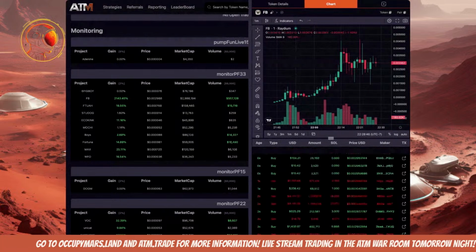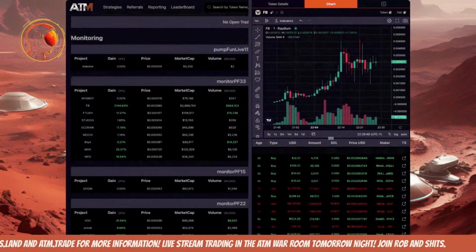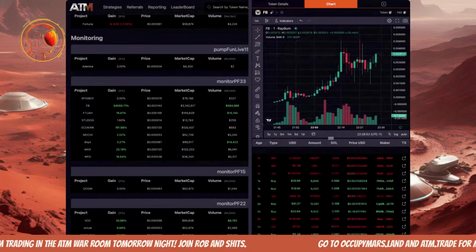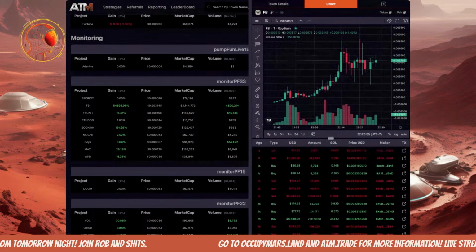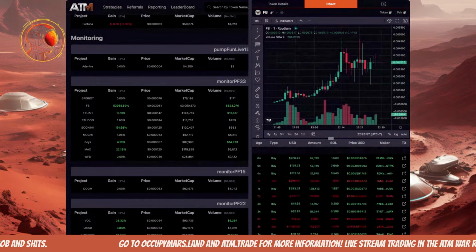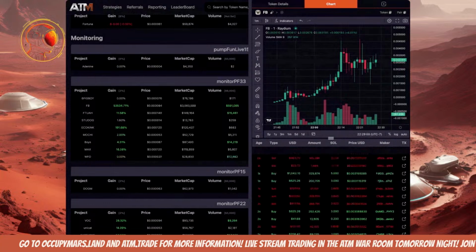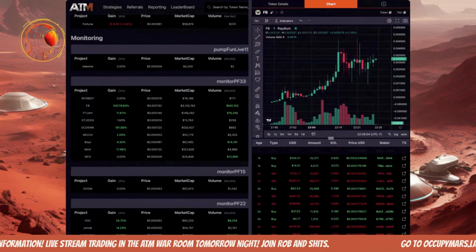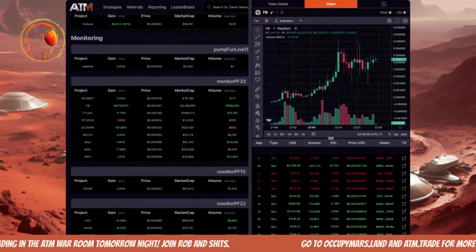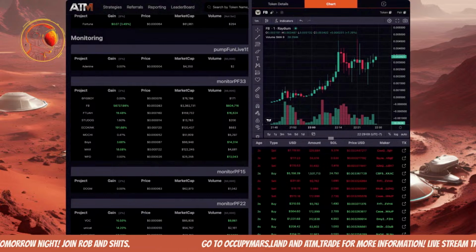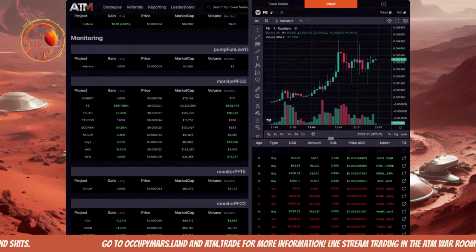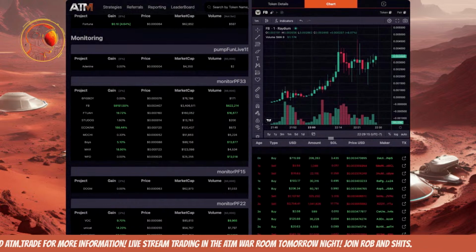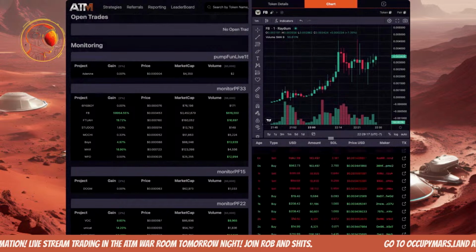I genuinely believe that the ATM, the automatic trading machine, truly will become the story of 2025, and it is the largest platform launch on Solana since Pump Fun back in March, April. I know in my mind there's no chance this doesn't go astronomical. This is the dream machine for a trader. Yes, it really is.